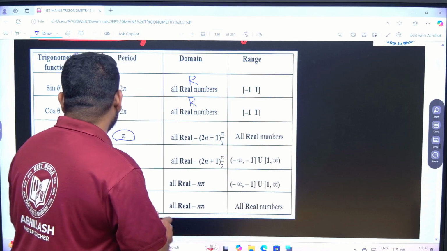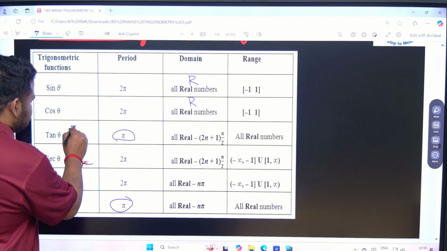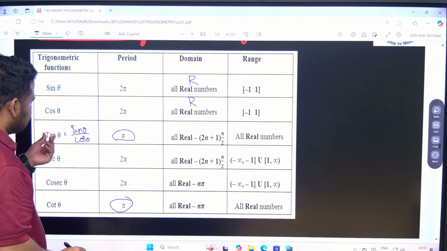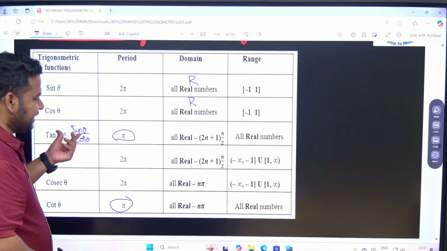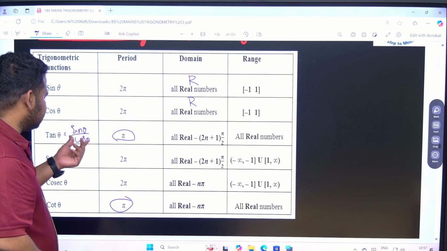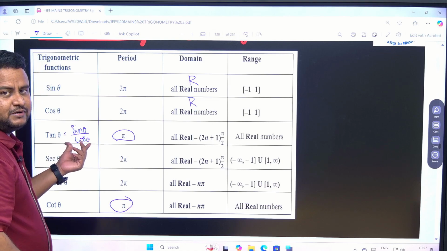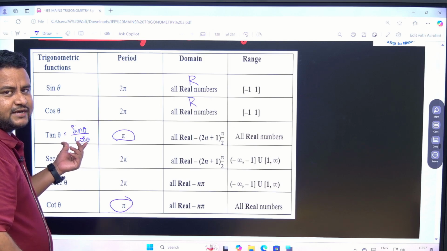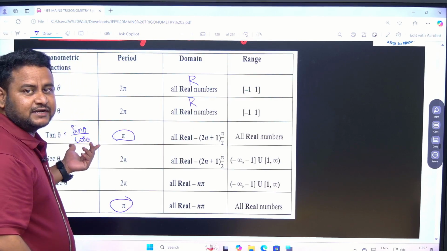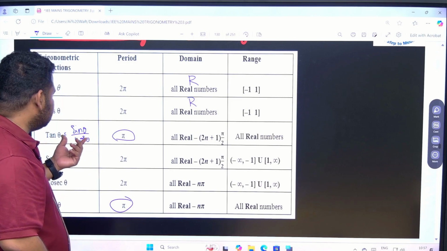So see here friends. Tan can be written as sin by cos. This is the quotient relation, or division relation. So as per this, for sin and cos, cos is in the denominator. The denominator cannot be 0.